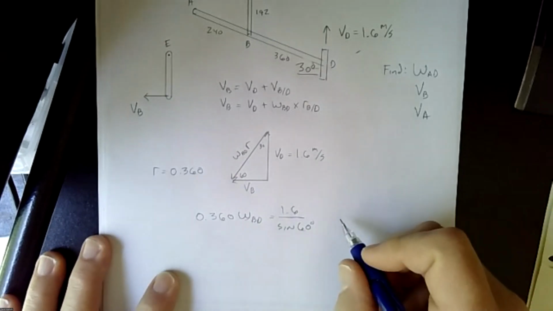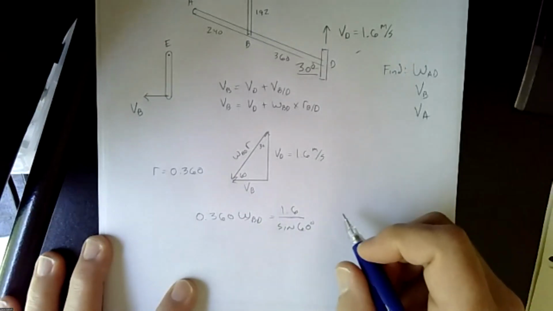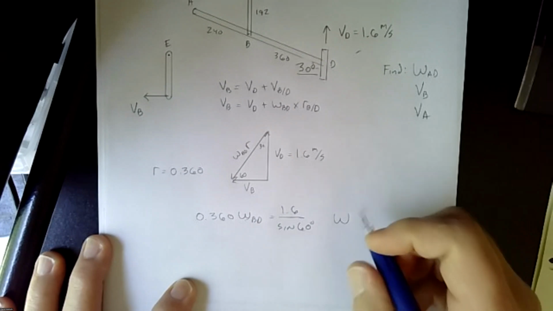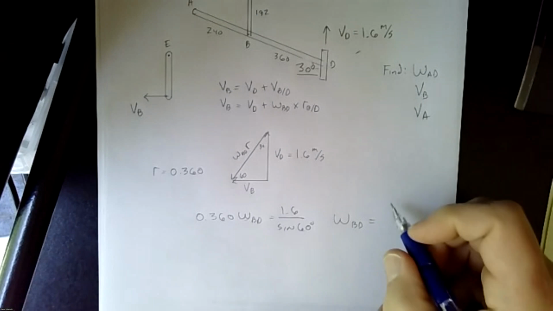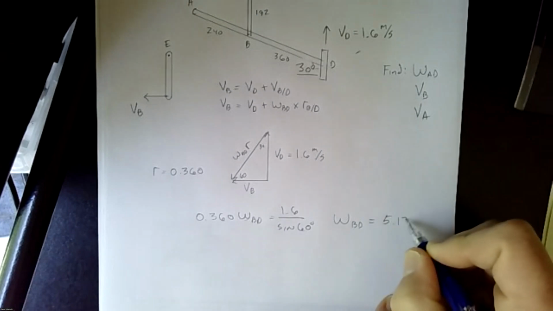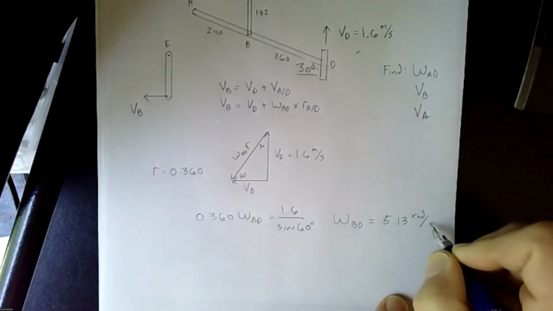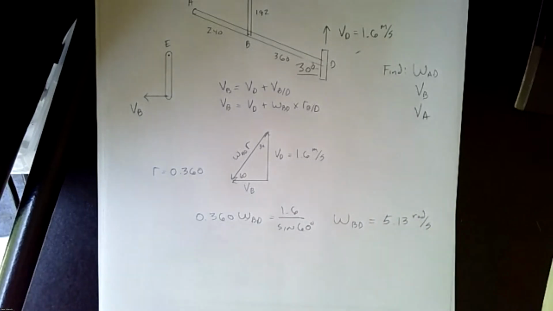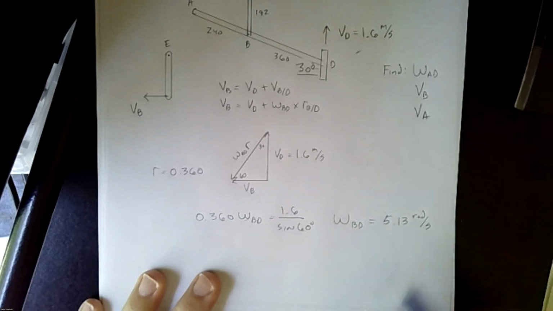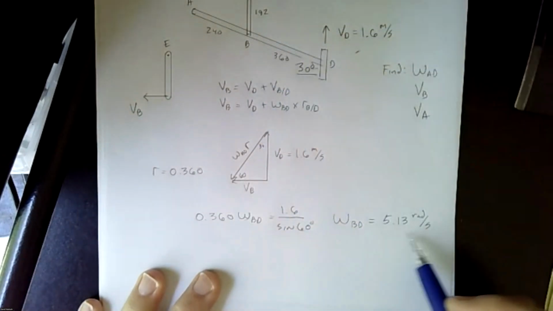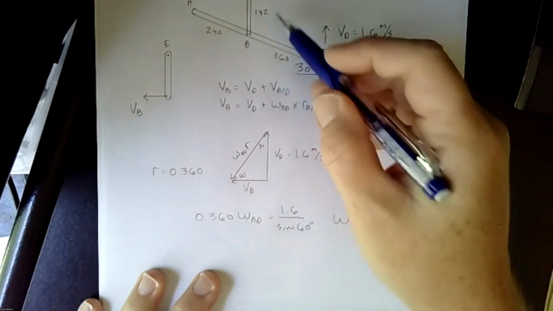So that allows us to solve for omega BD equal to 5.13 radians per second. All right. Now, this does require you to know which direction this is going to go, because this is a scalar, doesn't tell you anything about direction.